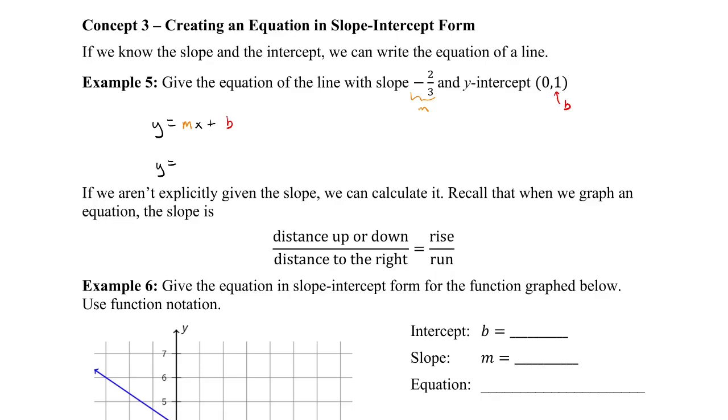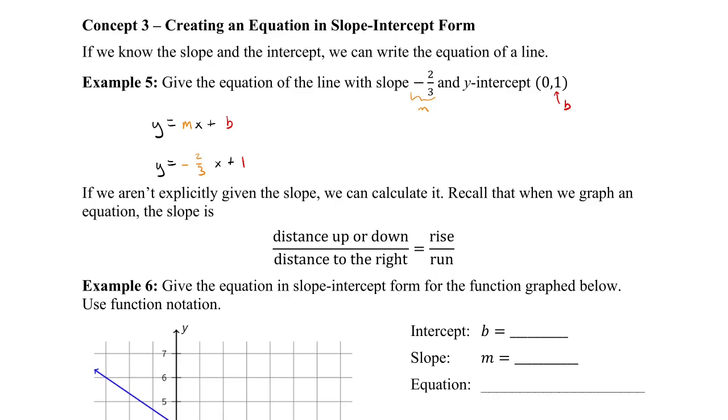So y equals, the slope is negative 2/3 times x plus the intercept is 1. Once we know the slope and the intercept, we can just drop those into an equation.